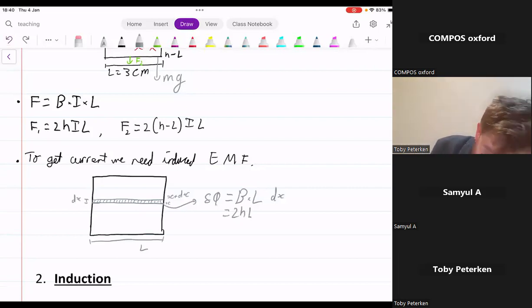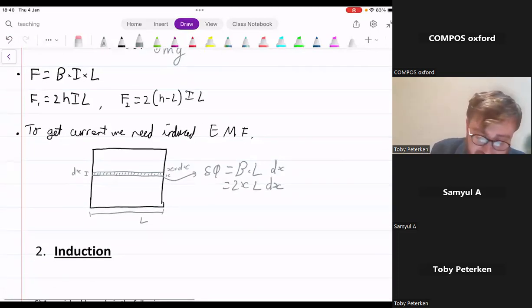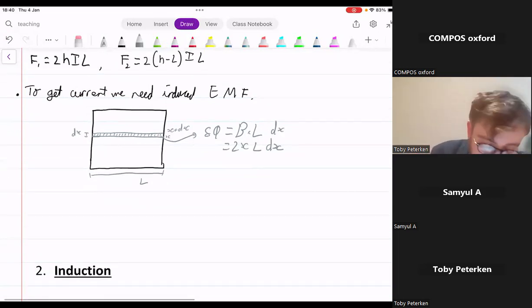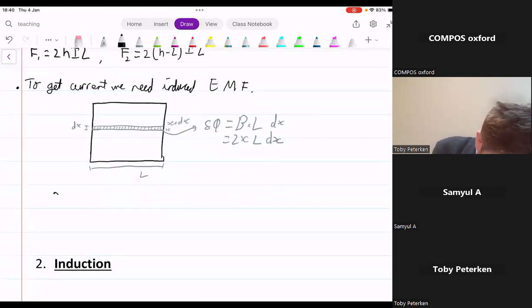Sorry, in this case 2x, because x is our height, times dx. Then we add all these up. If we're adding up lots of small strips, lots of small rectangles, that's just an integral.